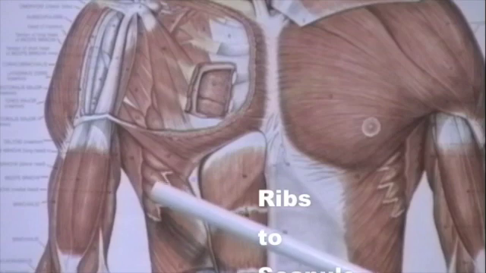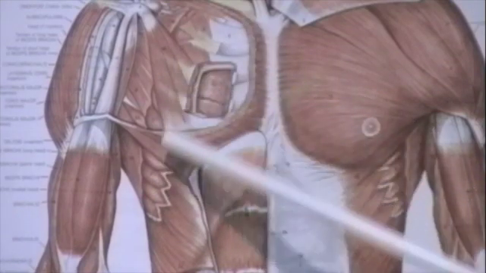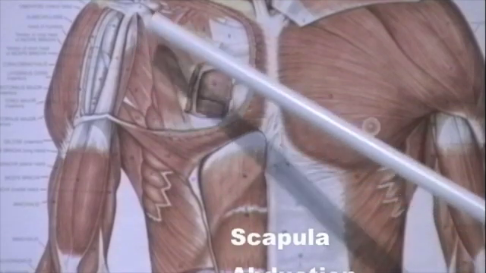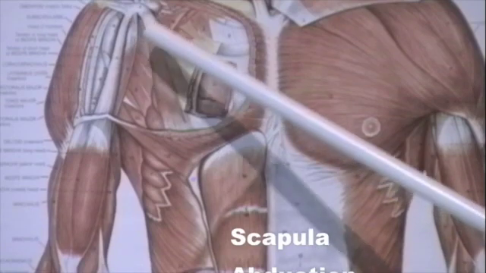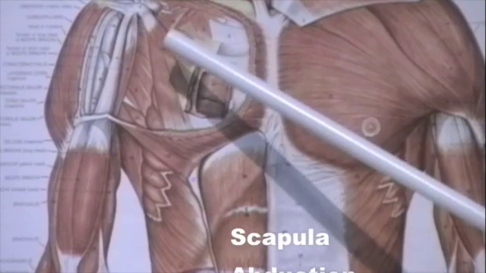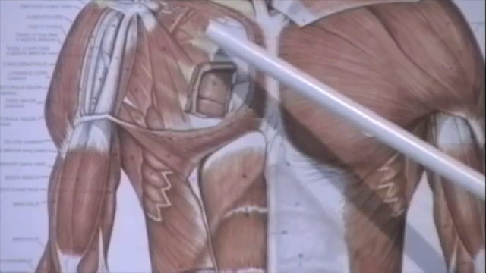Same muscle there, goes right up to rib 1, wraps around the ribs, so it comes between the ribs and the anterior surface of the scapula onto the medial border. Its primary function is abduction of the scapula. Serratus anterior.